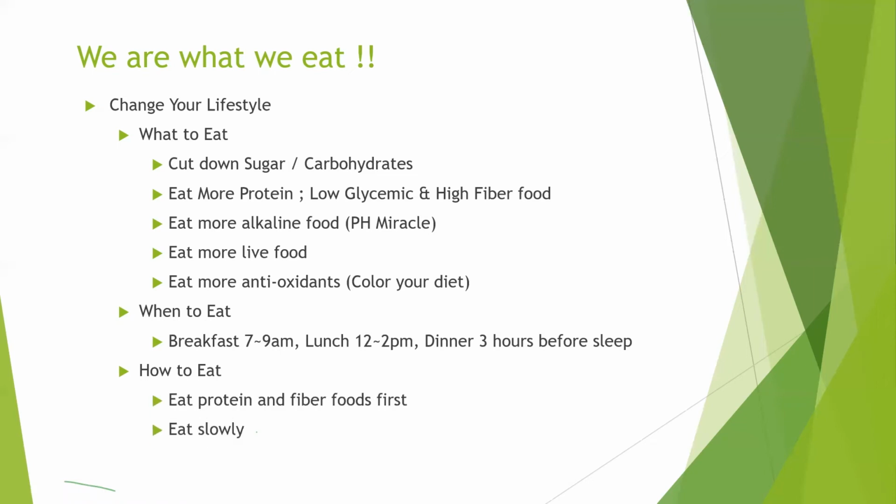How to eat food? Eat protein and fiber food first. I'll share with you a very interesting link which explains why to take protein and fiber food first. Because our brain has a start and stop mechanism which tells when to start eating and when to stop eating. If we start our meal with protein and fiber first, then automatically the brain messages of satiety will be sent immediately.